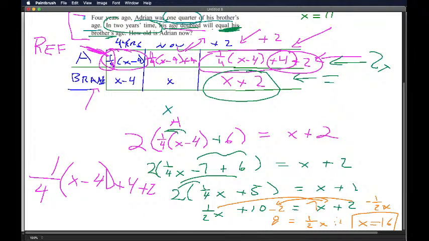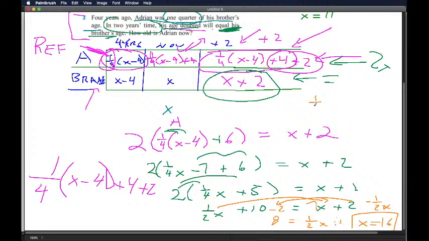So we know how old his brother is, right? So let's see if we can get Adrian's age correct. How old is he now? So we need to use the now bit.